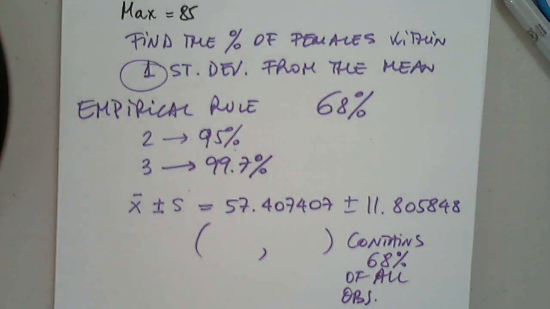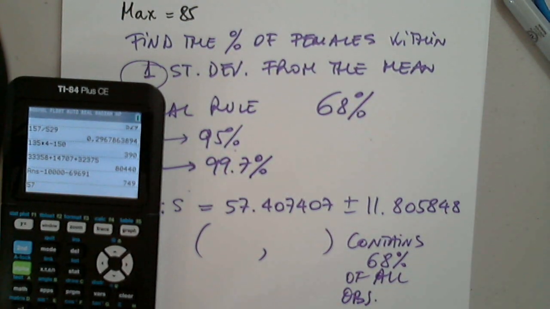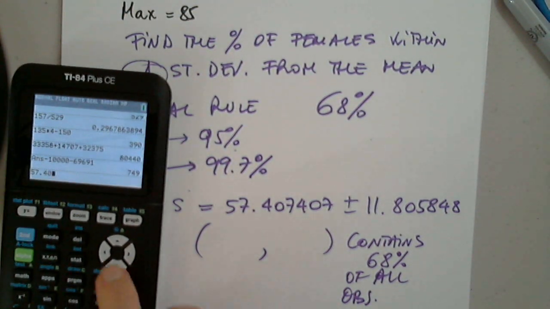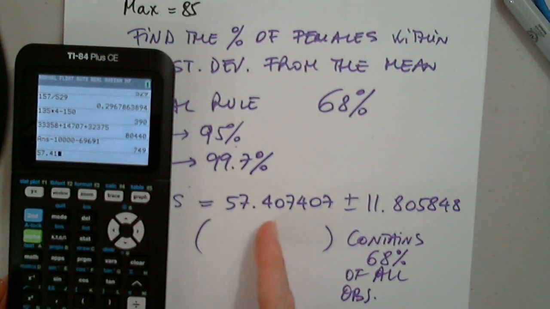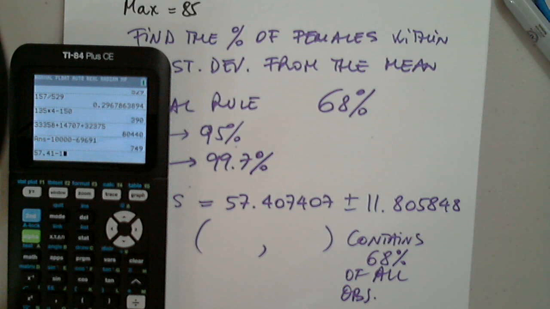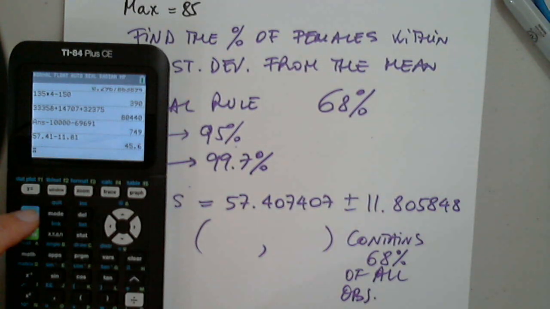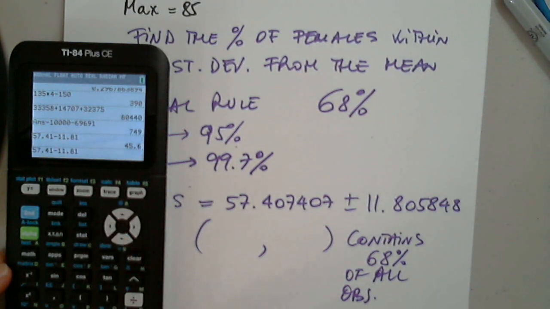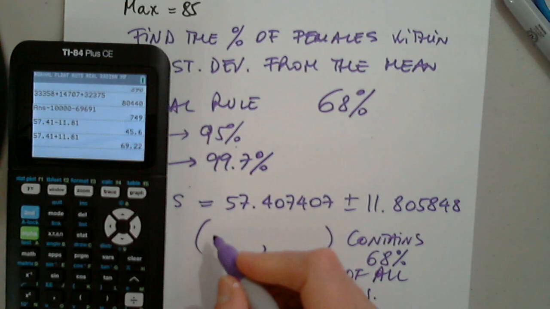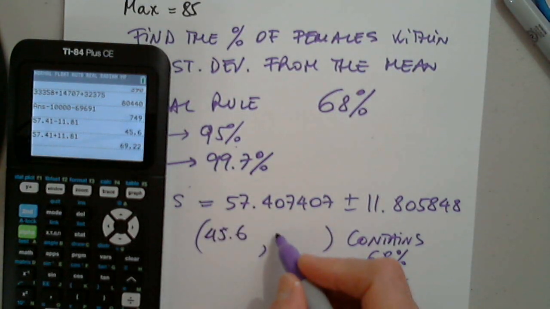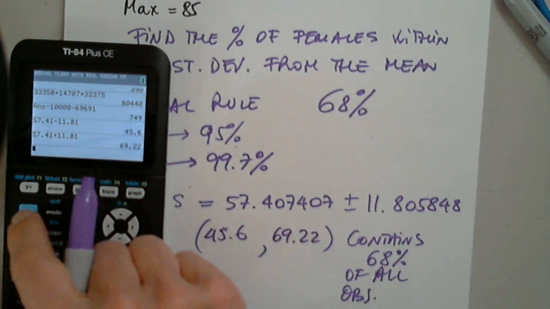Any questions so far? 57.41, I'm just going to round it to 2 digits, minus 11.81. And the other one, the same thing, but with plus. So I got 45.6 and 69.22.